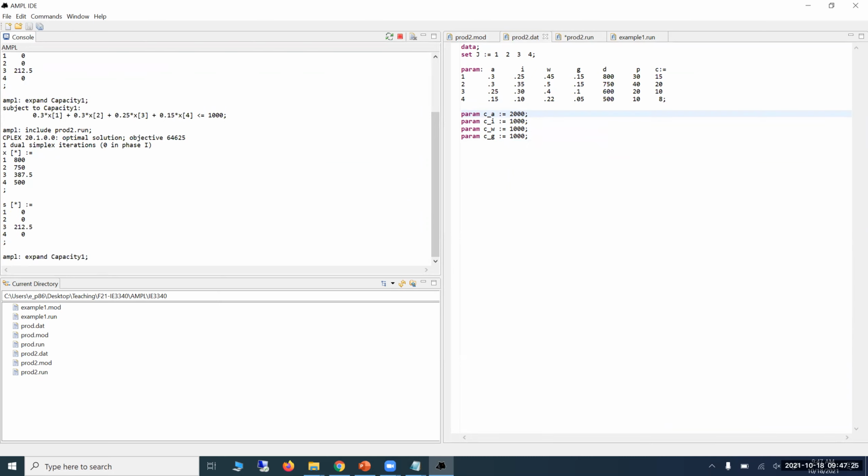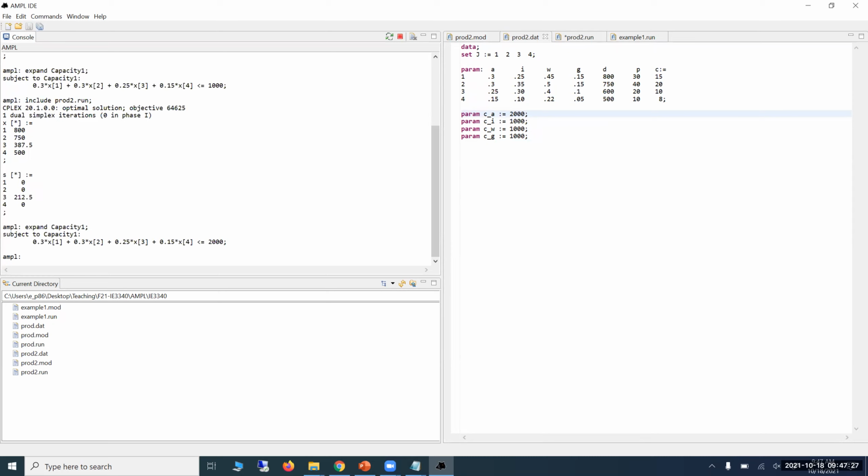You know, by just changing that parameter, I got a 2000 at the right-hand side. Okay, solution is not changing because that extra capacity is making no difference. But yeah, if we increase the capacity for all stations, you will see that the solution will change.